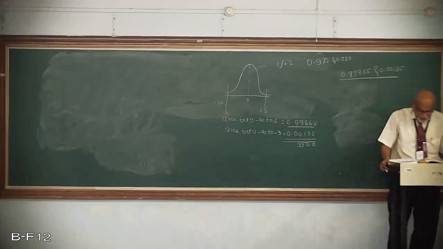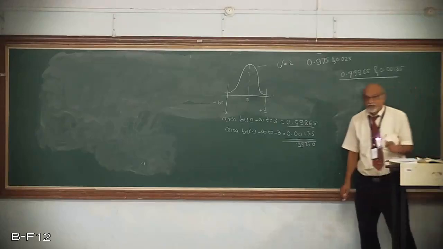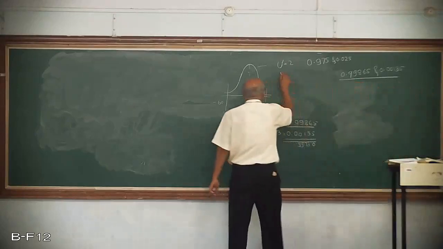The limits vary with the value of n. Determine the correct position of these upper and lower control limits when n is equal to 5.